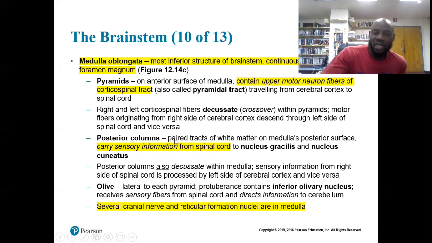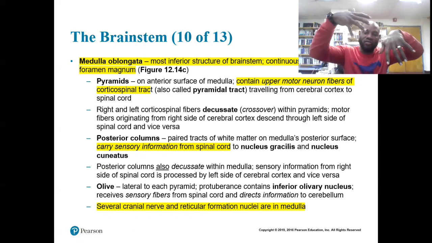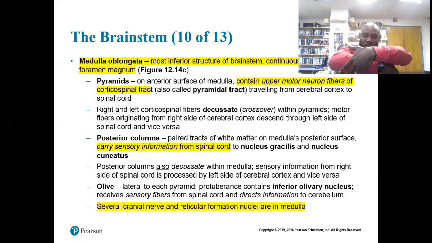You have posterior columns, paired tracts of white matter on the medulla's posterior surface, that carry sensory information from the spinal cord. Posterior columns also dissociate within the medulla. So sensory information from the right side of your spinal cord is processed by the left side of the cerebral cortex and vice versa. So motor information switches over here.